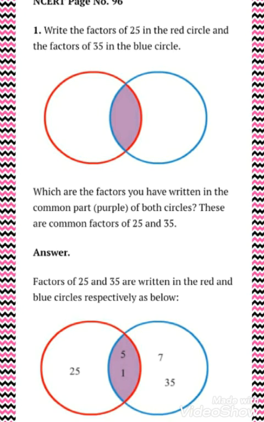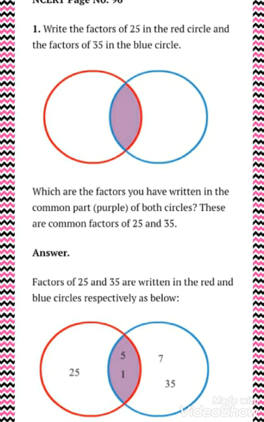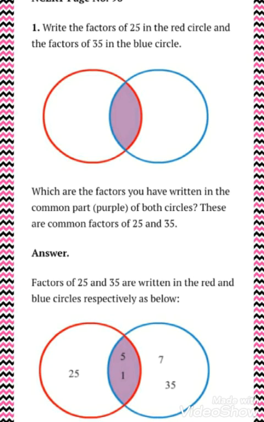You can see in the red circle I have written 25, and in the blue circle I have written 7 and 35, and in the purple area I have written 5 and 1. 25 is the factor of 25, 7 and 35 is the factor of 35, and 5 and 1 are the common factors of both 25 and 35, which means if you divide 25 and 35 by 5 and 1, you will get no remainder and it will be completely divisible.